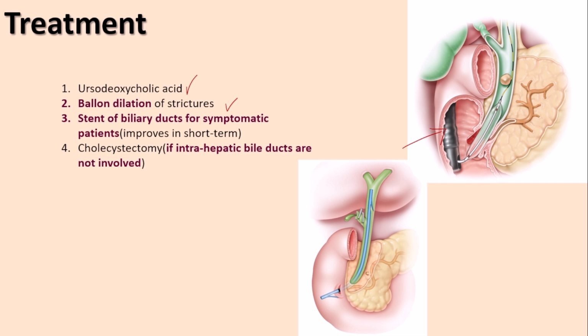Another option is a stent, which we can place in the biliary ducts for symptomatic patients. This is usually done in the short term, and it is not going to work very well in the long term. The last option is cholecystectomy, and we are going to do this if the intrahepatic bile ducts are not involved.